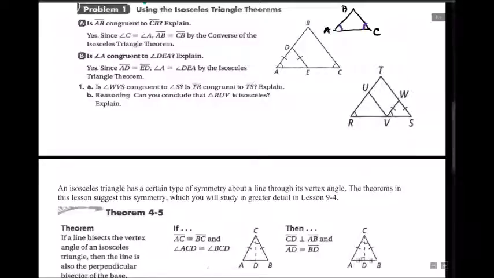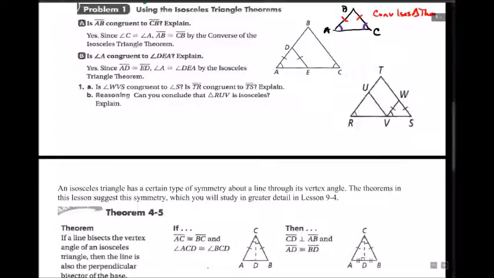So can I say that segment AB is congruent to segment CB? Absolutely. How come? That's the converse of the isosceles triangle theorem. These two angles are congruent, so my two sides are congruent as well.